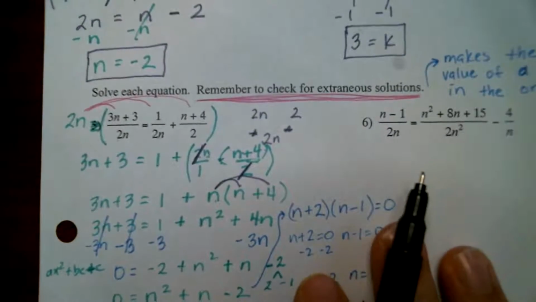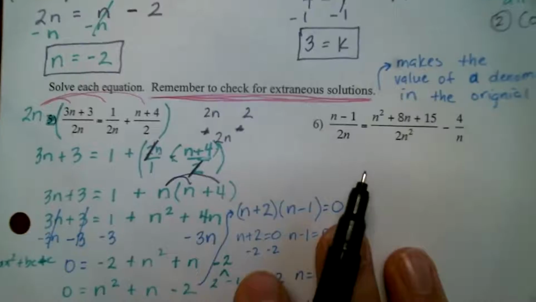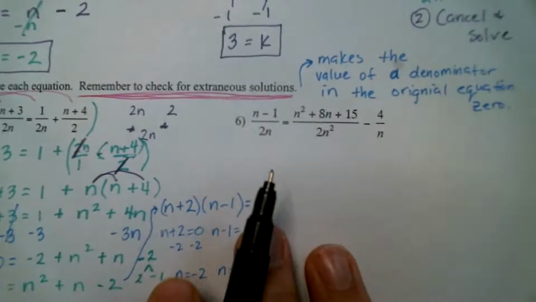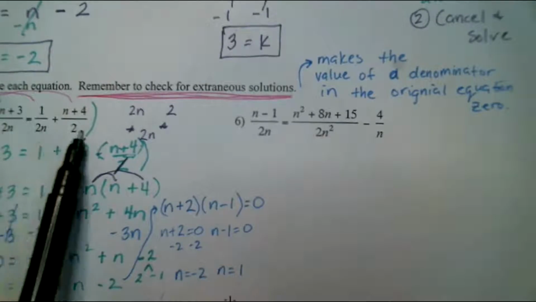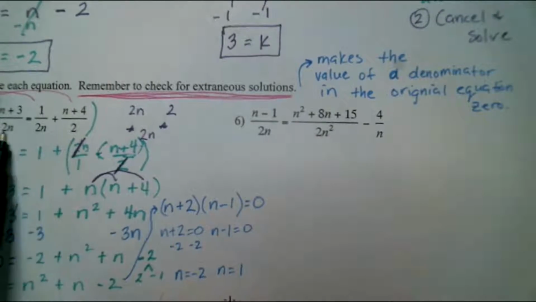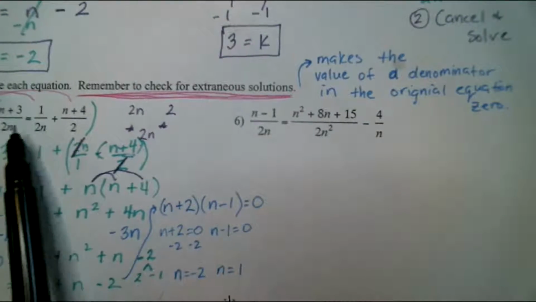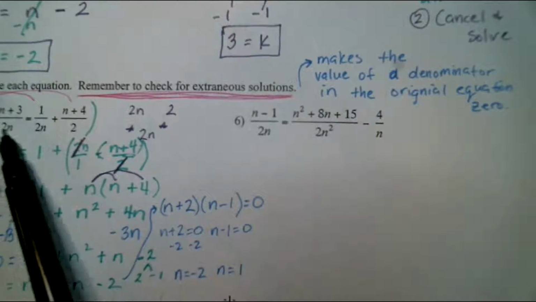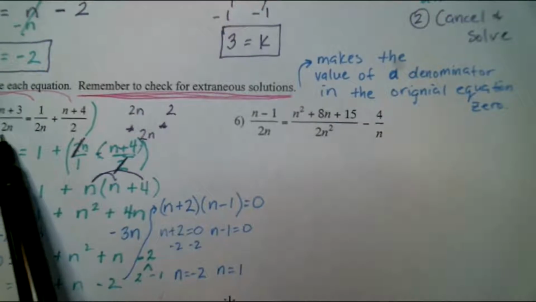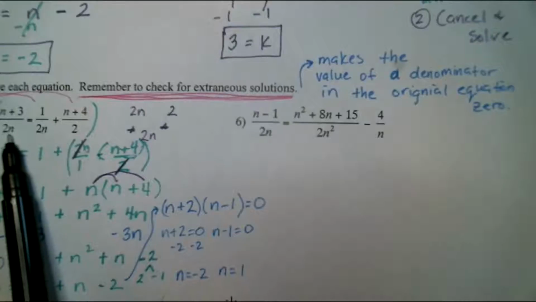Let me scoot that over. Sorry, wrong way. So what we're saying here is this. Will either one of these make this not work? Will either -2 or 1 make that 0? So if I plug a -2 in there, will it make it 0?